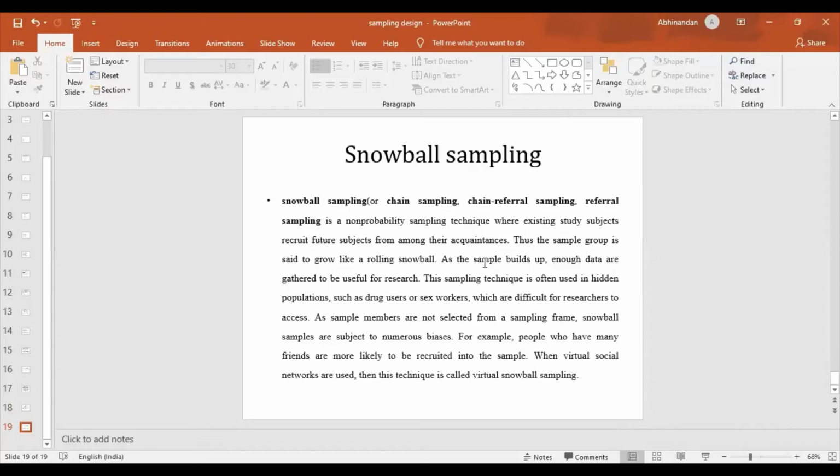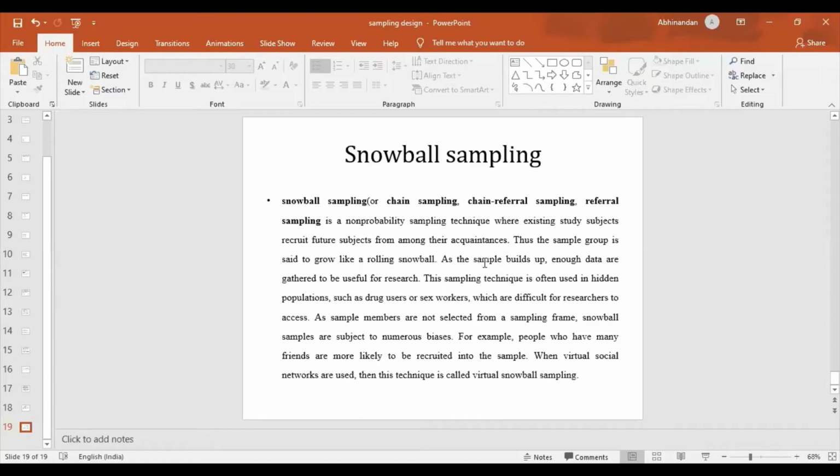I want to know the habits or the psychological behavior of drug users or drug addicts. At that time, it is very difficult to trace the people who are addicted to drugs, because nobody is ready to reveal that they are addicted. So first we need to identify any one drug addict. After that, from him, we collect the information of the other drug addicts.